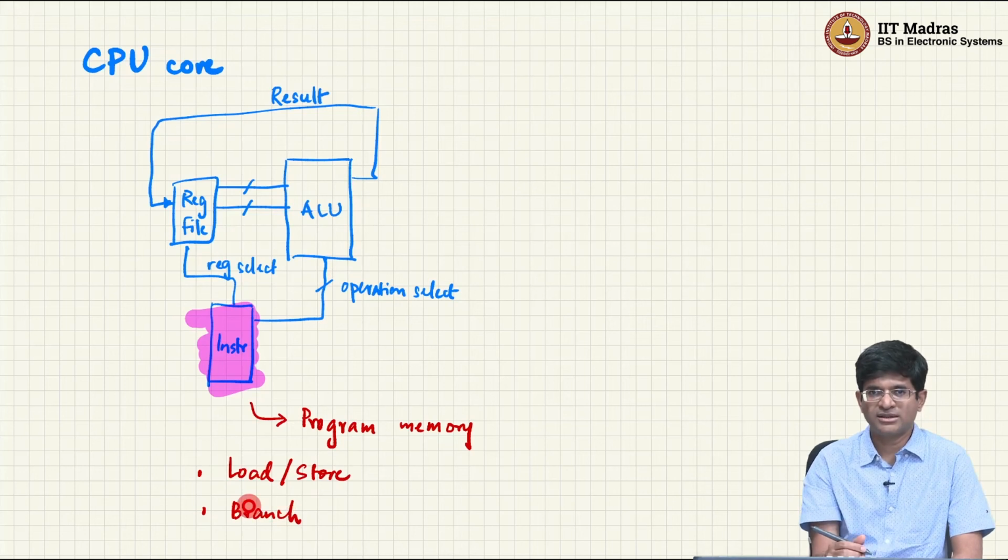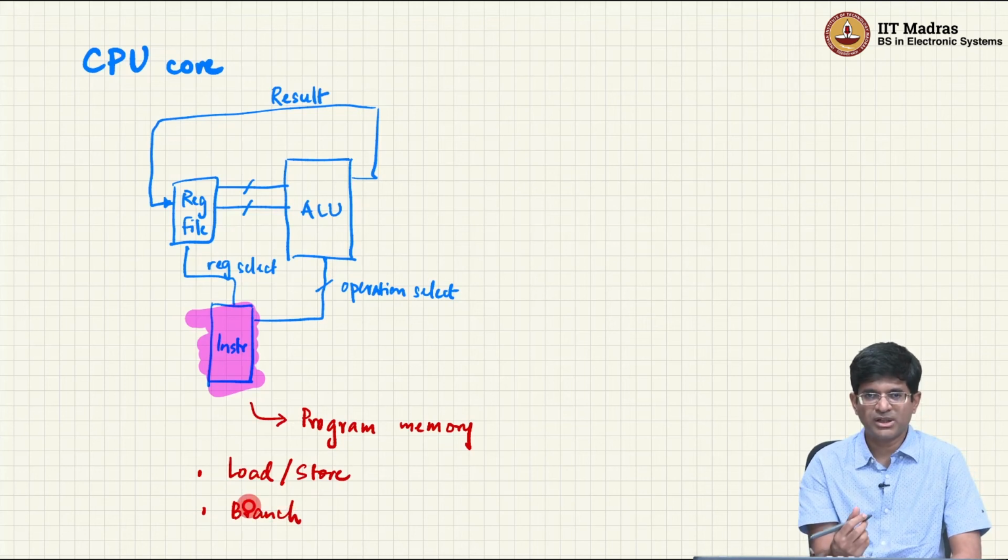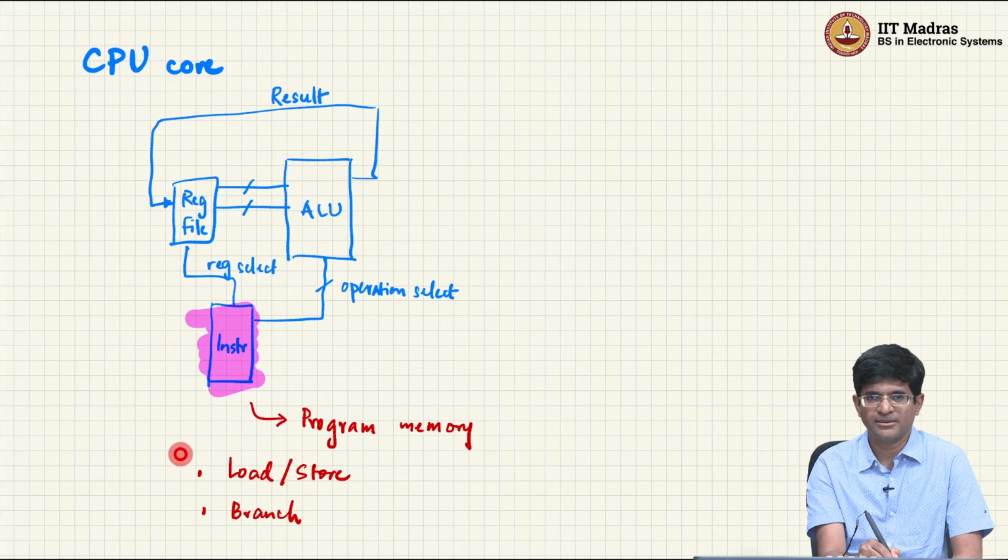The RISC V processor is very nice in some ways because it simplifies the entire instruction set to the point where you can literally see how all this is happening, right. The point I wanted to make over here is that designing something of that sort and that level of complexity is not very hard, right.